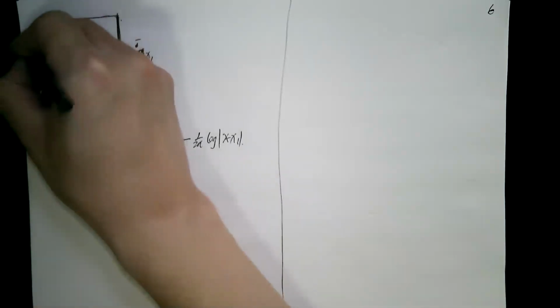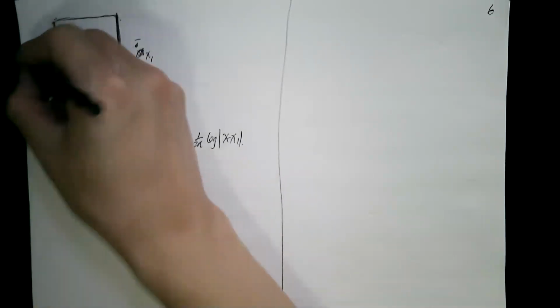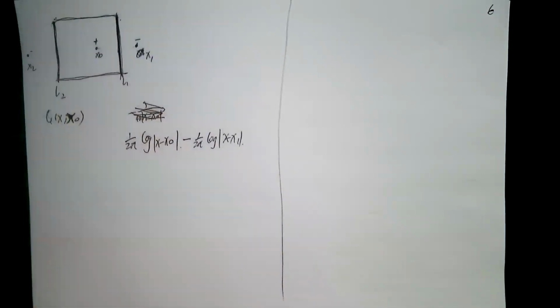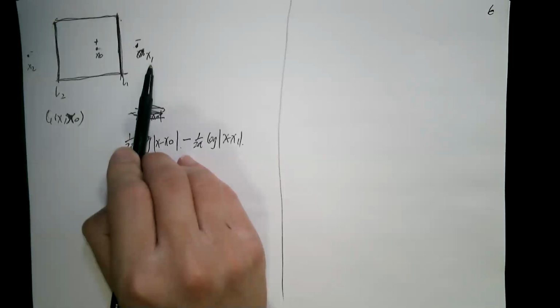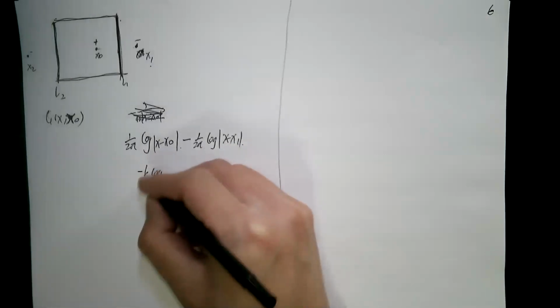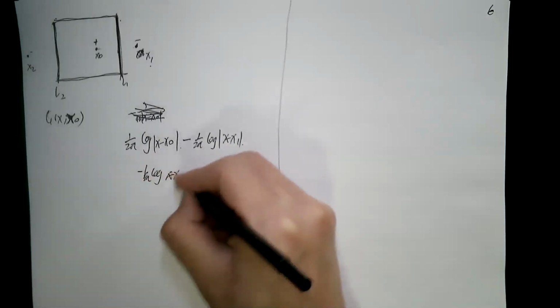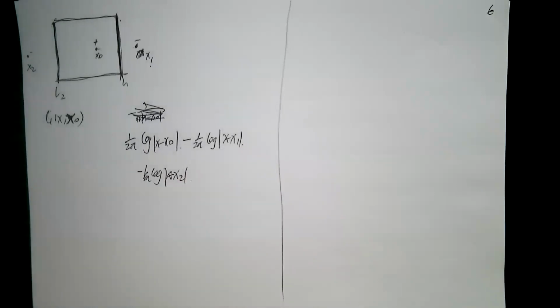So if you want to put somewhere like x2 as a minus electron, then it will depend on x0 and x1, right? So you may want to subtract something else, log |x minus x2|, where x2 may depend on x0 and x1.